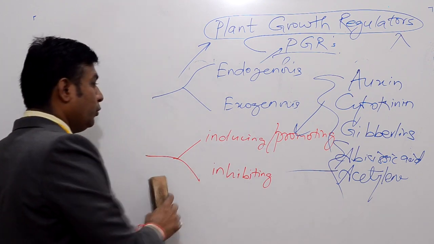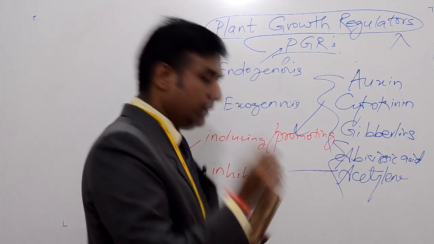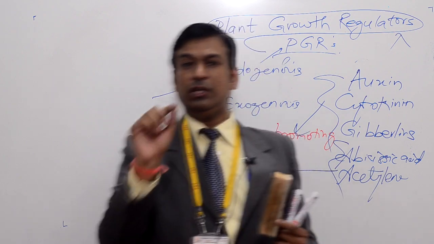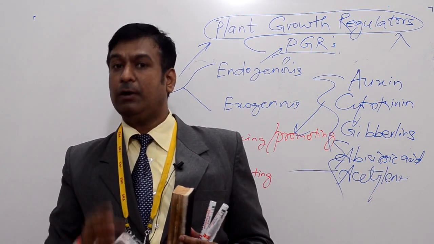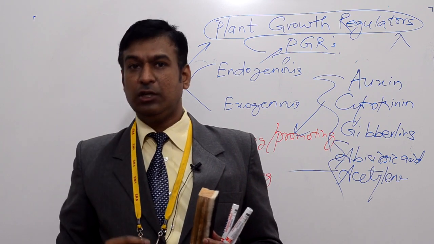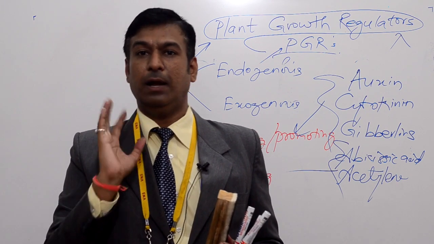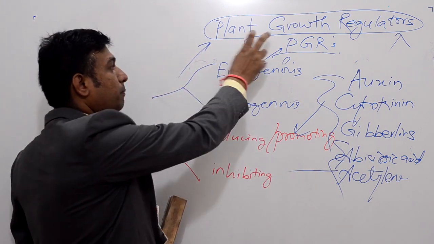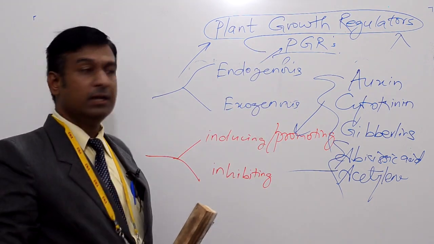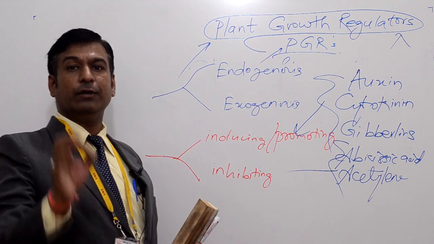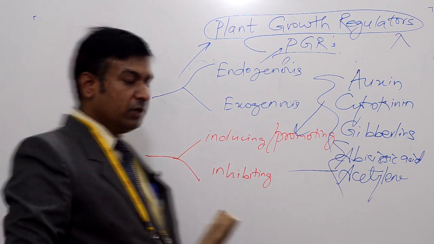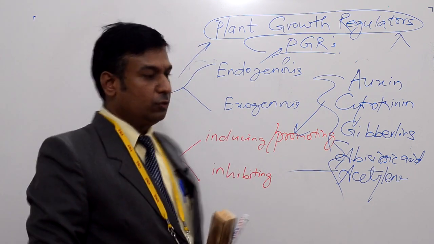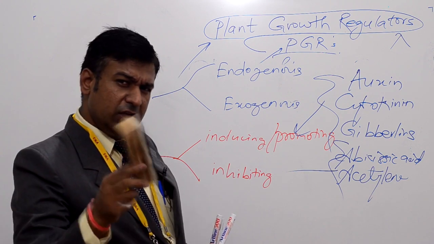But we come to know that a small amount is causing a change in morphological structure, in biochemical parameters, and in the growth of the plant. Those all are PGRs, plant growth regulators, plant growth hormones, phytohormones. Okay, there is one term, phytoalexin. So how is it differentiated?